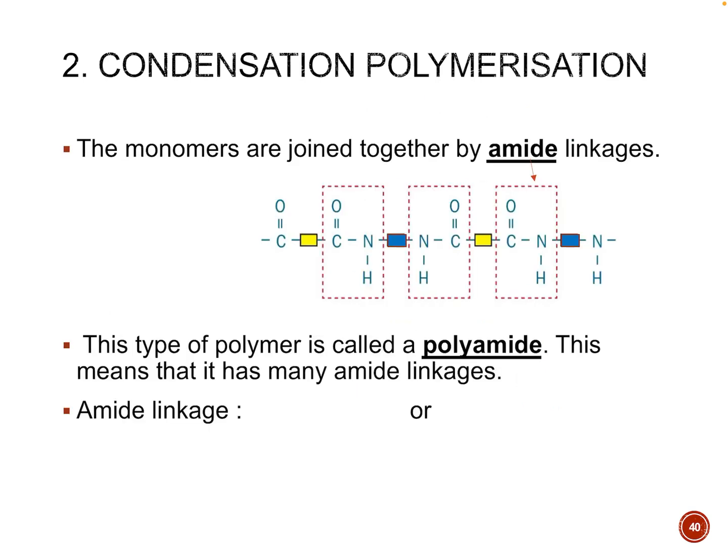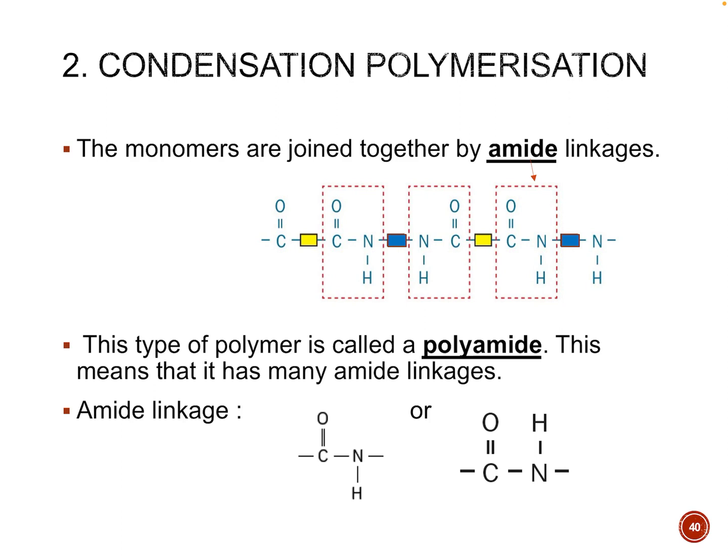What is important, and why is it called a polyamide? Because it's a unique name for the linkage that is formed between the monomers. This linkage is called the amide linkage. Those of you who take biology will find it in your proteins. So what is an amide linkage?